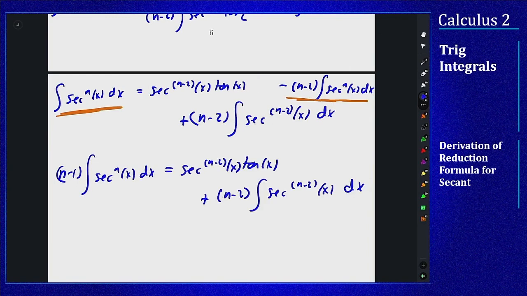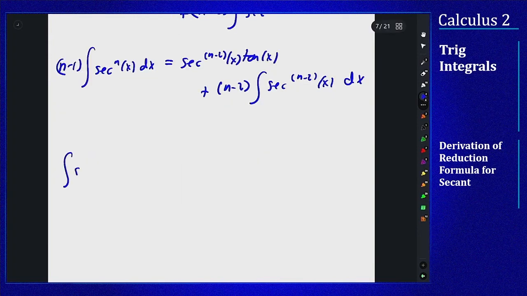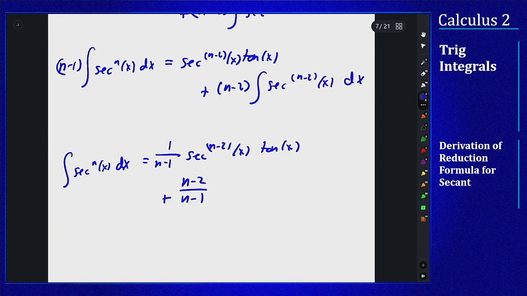And then I can divide both sides by n minus 1 to get to the final reduction formula, which is that the integral of secant to the n of x dx is 1 over n minus 1 secant n minus 2 of x tangent of x plus n minus 2 over n minus 1 integral of secant to the n minus 2 power of x dx.